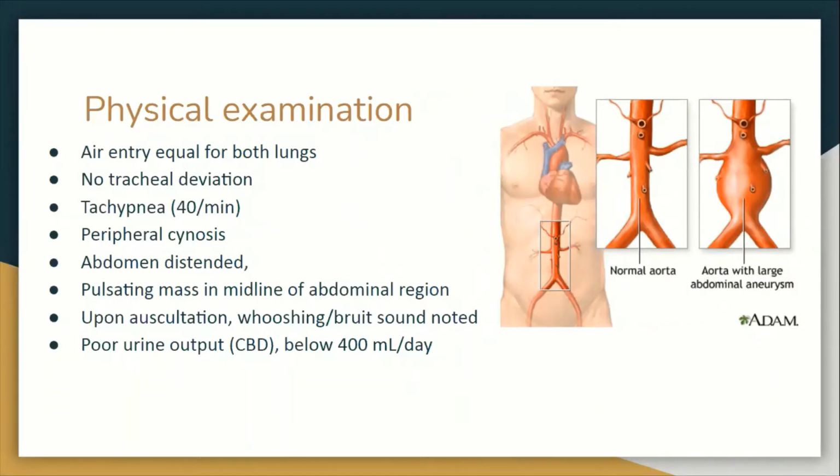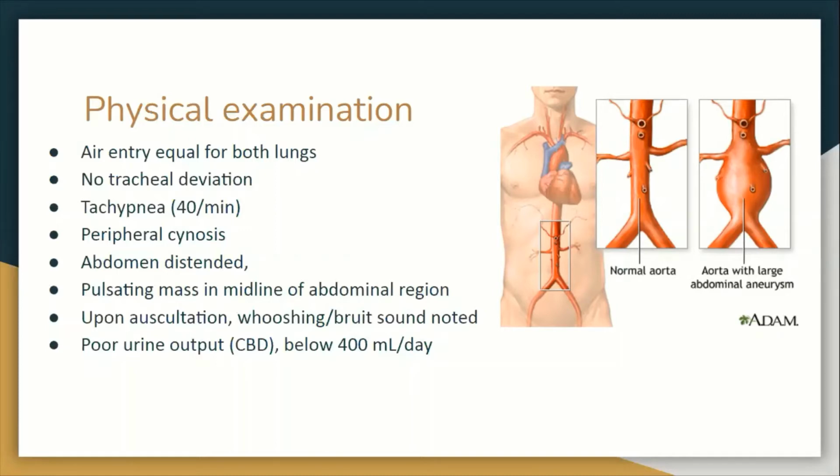There is no tracheal deviation seen, but the patient is tachypneic, at 40 breaths per minute, which is very tachypneic. Due to the tachycardia and tachypnea, the patient is actually in peripheral shutdown, presenting with the upper limbs and lower limbs cold, clammy and pale.